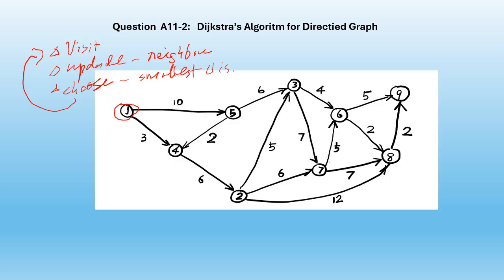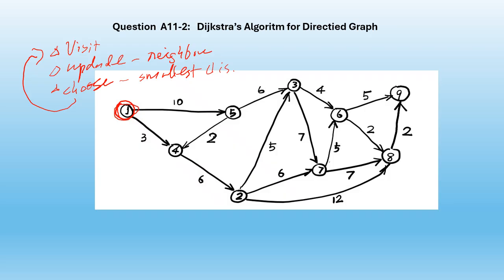Remember, not necessarily neighbors. By visit, I will do a circle. So now let's begin. When I visit, I will choose a circle. First, obviously, I visit this first one, and then update neighbors.